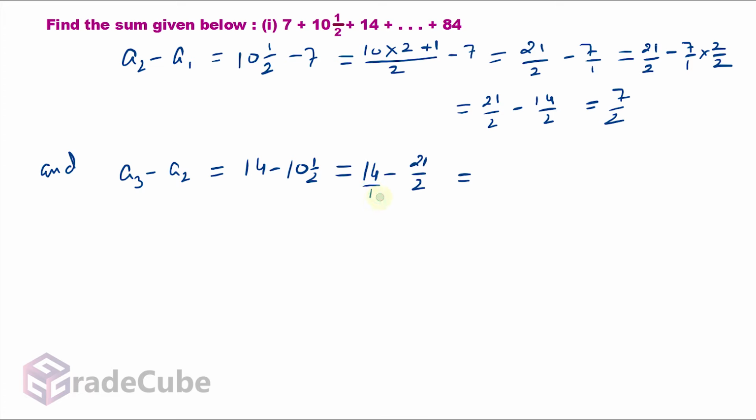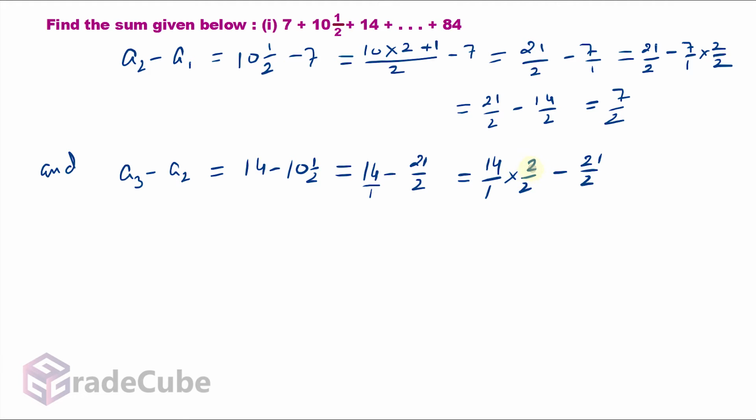Again 1 can be taken as denominator of the 14. Again denominators need to be made equal. To do so, we will multiply 14 by 2 by 2. So it will be 14 over 1 multiplied by 2 by 2 minus 21 over 2.